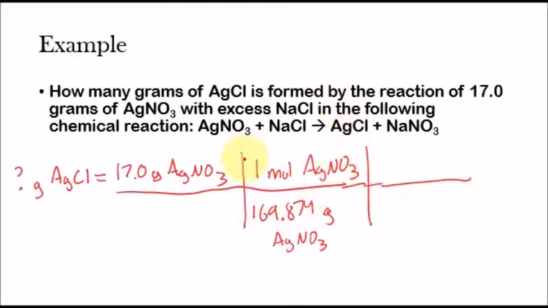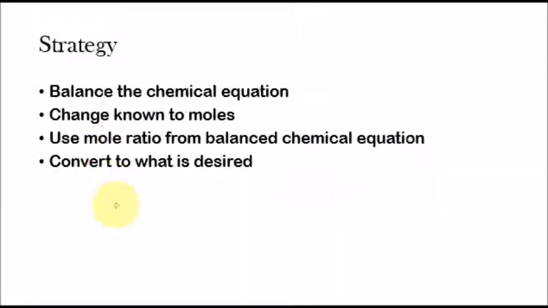Since we're trying to get to grams of silver chloride, the reaction tells us that for every 1 mole of silver nitrate which is reacting, you're going to produce 1 mole of silver chloride. Okay? And then the last step is to convert to what is desired.